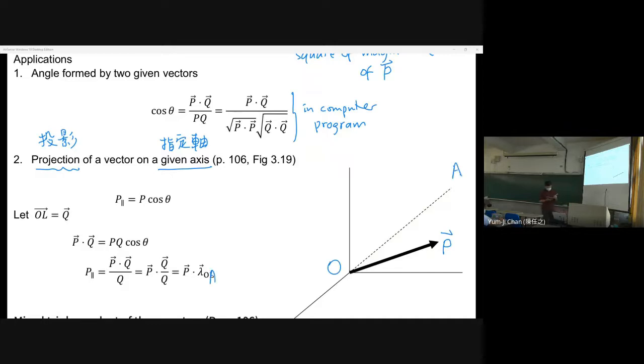And for example, we have a line here. We can say P can be written as P parallel and P perpendicular, right? We did this before. And this is a right angle.